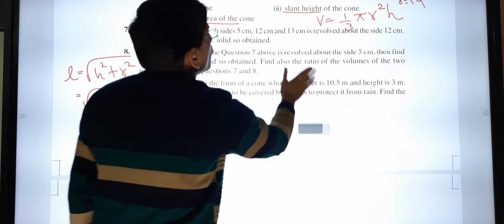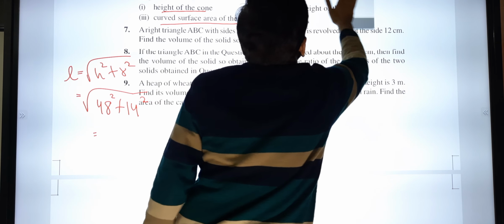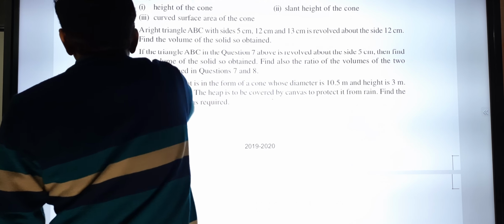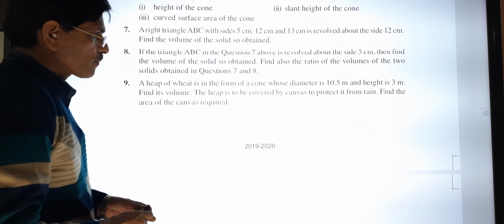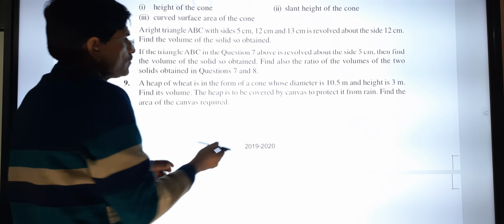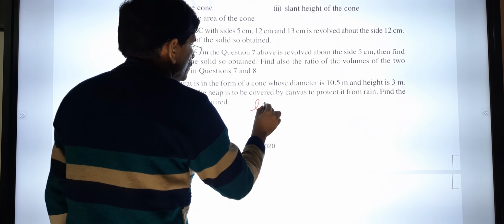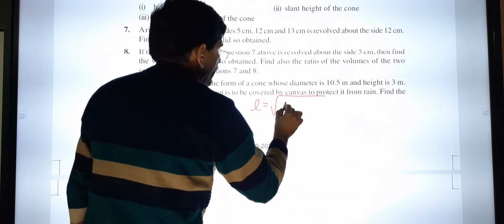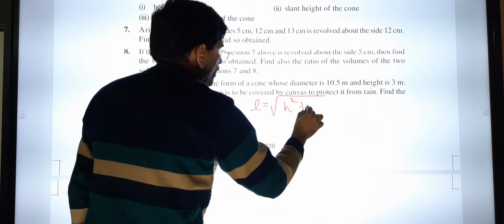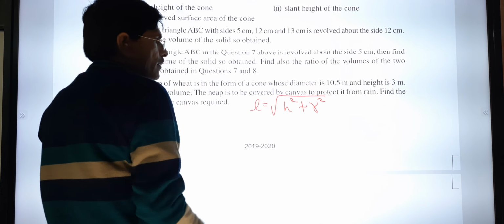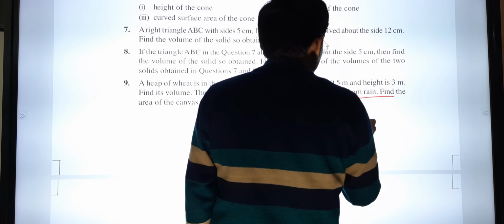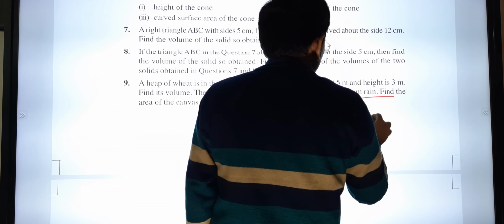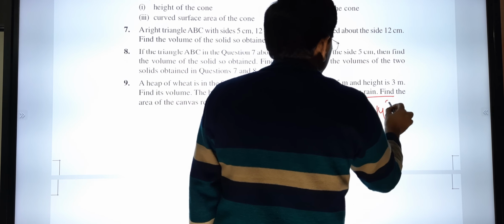So we can go further properly, so you can understand it properly. So now L is equal to under root h square plus r square. So L is equal to, now h, that is 48 square plus 14 square.